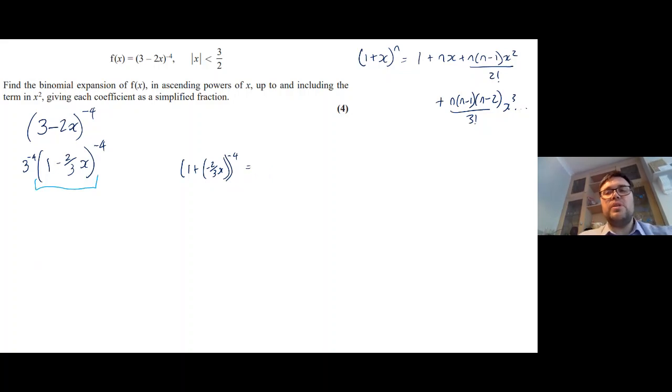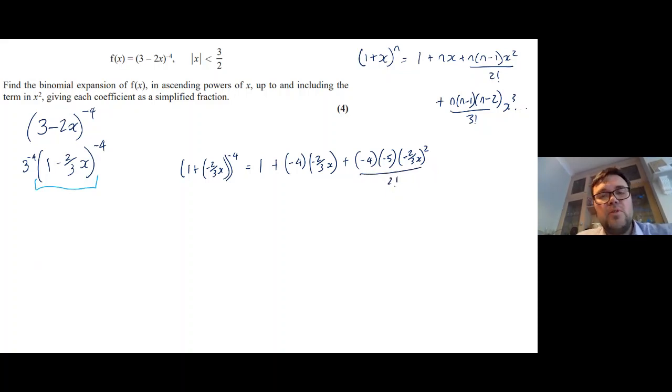And then we're going to substitute it into this formula, where n is minus 4, so it's 1 plus minus 4 times minus 2/3 x, plus minus 4 times minus 4 minus 1, which is minus 5, times minus 2/3 x all squared, all over 2 factorial.